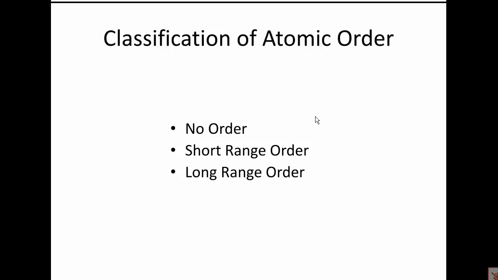However, as we move a few atomic distances away, we find that the probability of finding an atom in a certain place is completely random. In a crystal, we have long-range order. The atoms are stacked in a particular regular sequence.